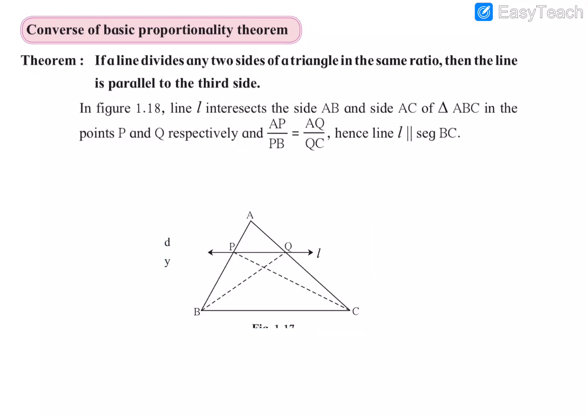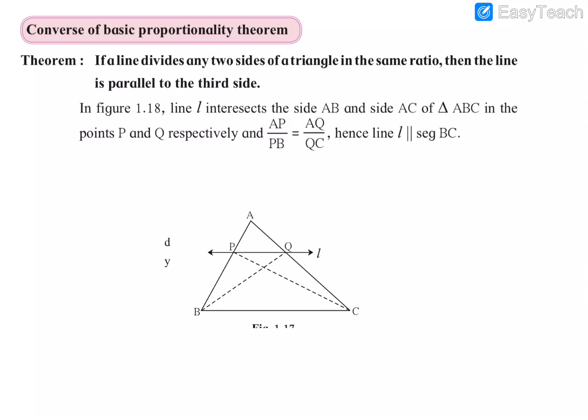So what is the converse of basic proportionality? It means just the opposite of the theorem that we have seen now. It states that if a line parallel to one side of a triangle cuts the other two sides at two points, then the ratio between the other two sides of the triangle is equal.